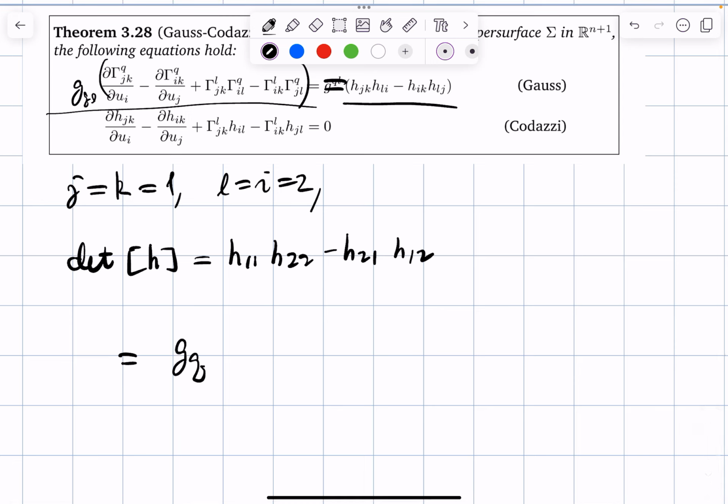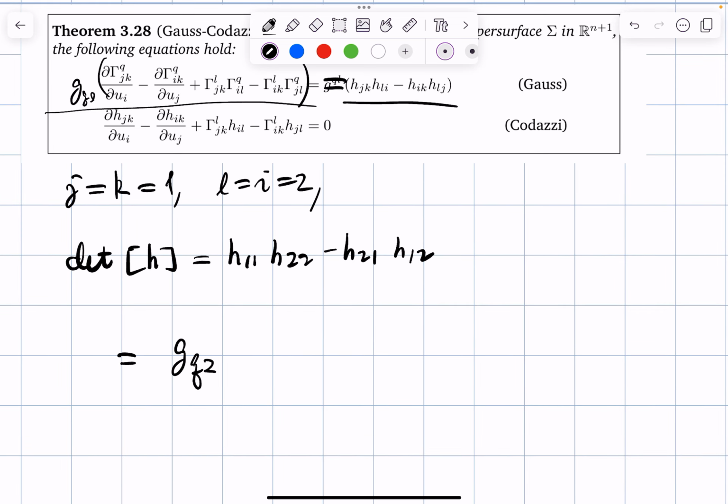G_ql is 2. Really? Do I really need to write it down? I don't think so.